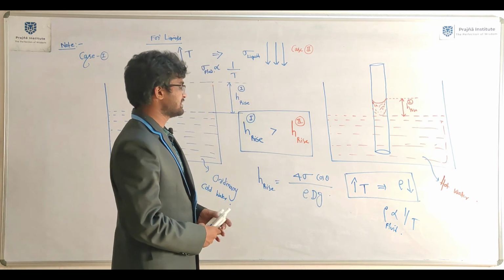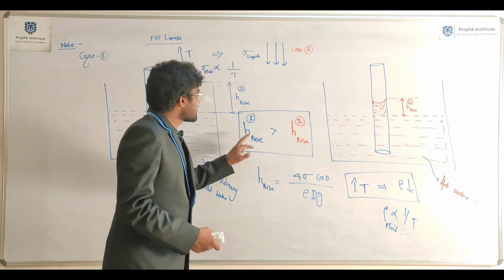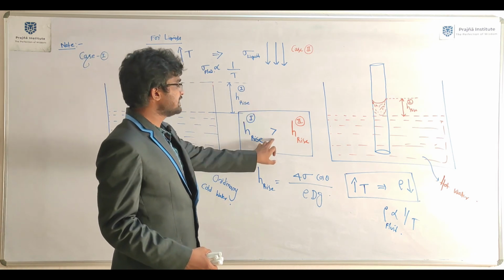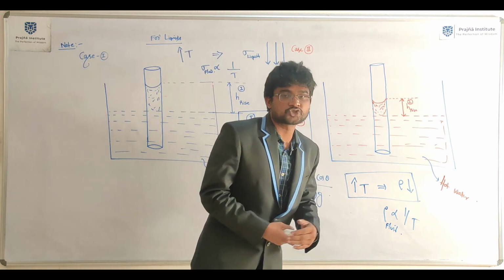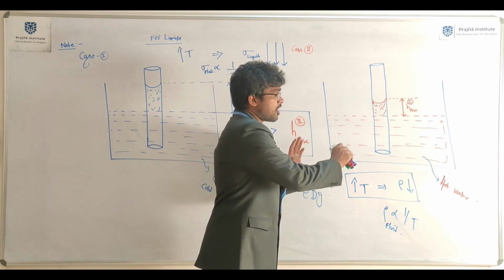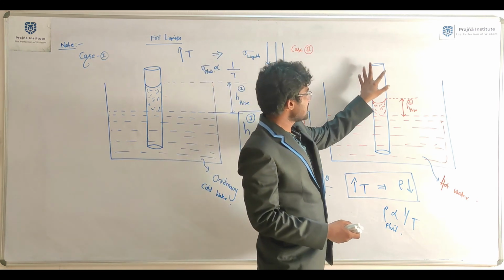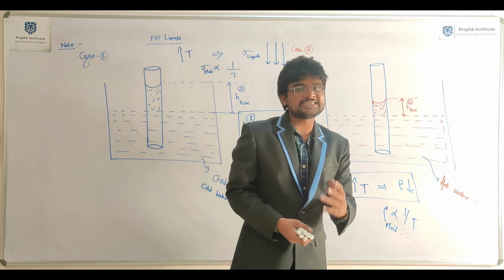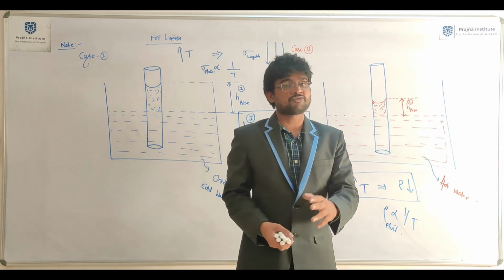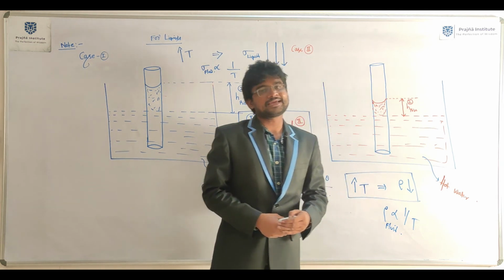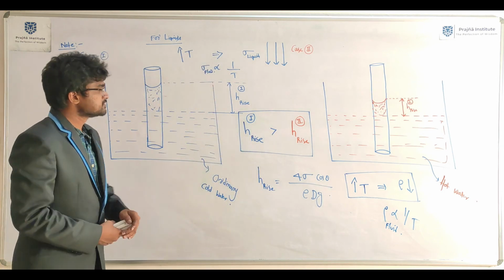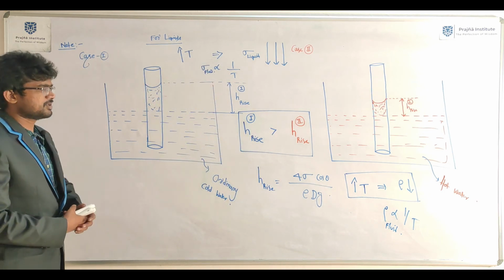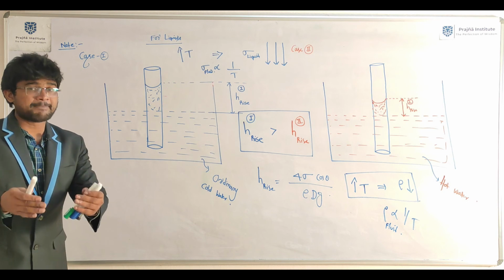So that is why H rise in case 1 will be greater than H rise in case 2. Once you pour hot water and immerse a capillary tube, you will see less rise in the fluid column in the capillary tube. This is one of the interview questions asked in BARC.